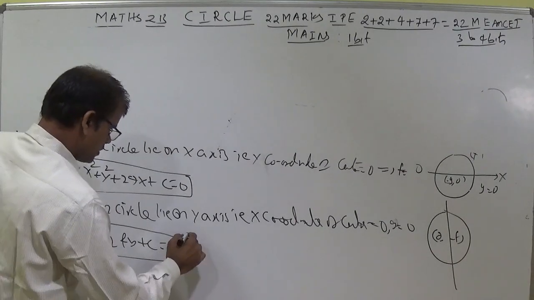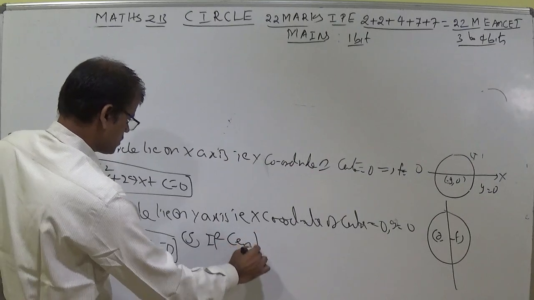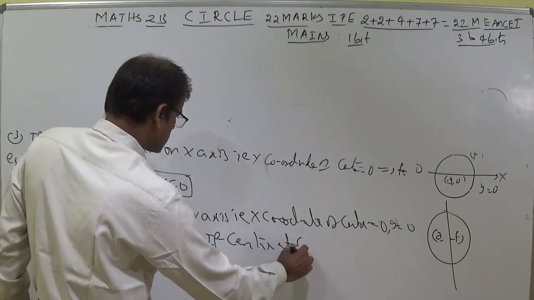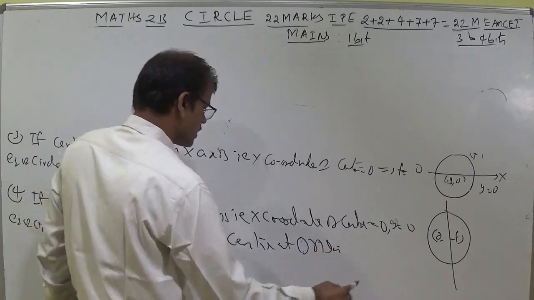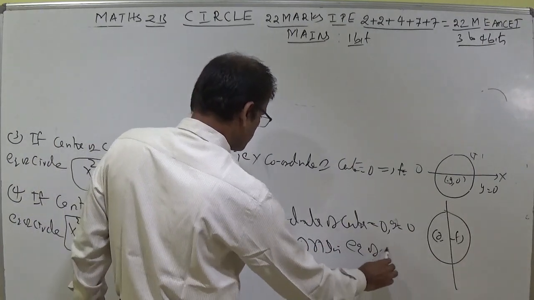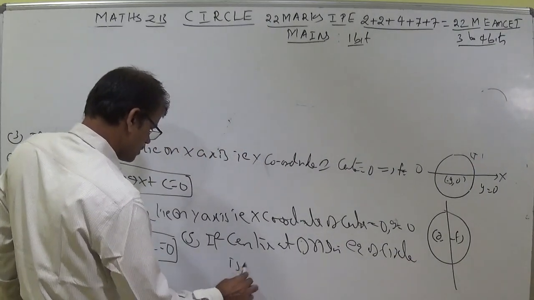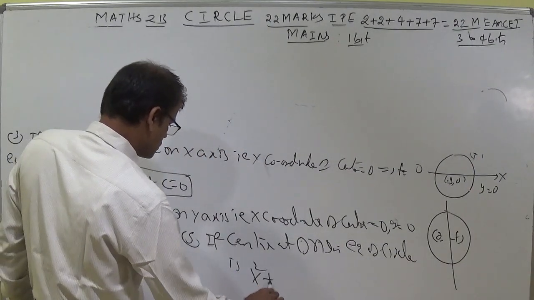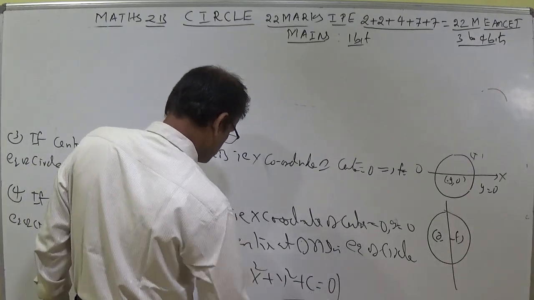So if the center is at the origin, the equation of the circle is x square plus y square plus a constant equal to 0.